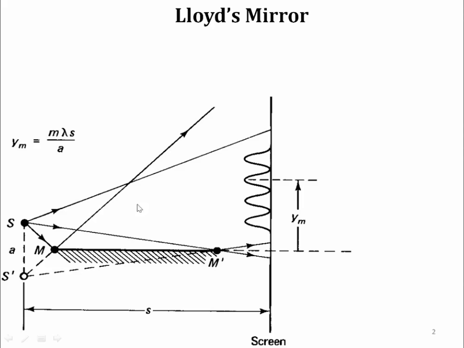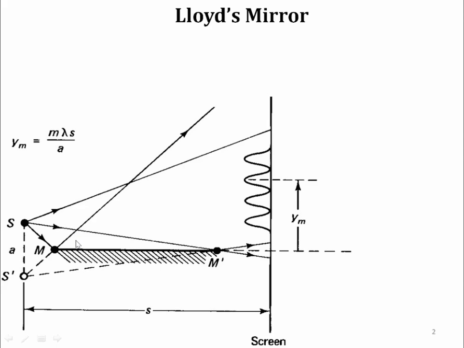So the reflected beam and direct beam from the source both superpose with each other, which finally leads to the formation of an interference pattern on the screen. The idea is very simple.